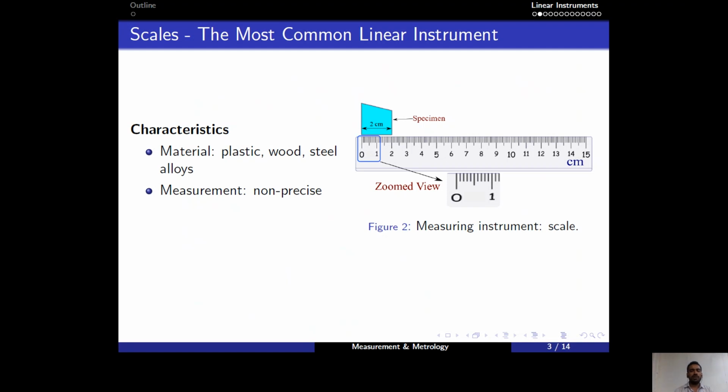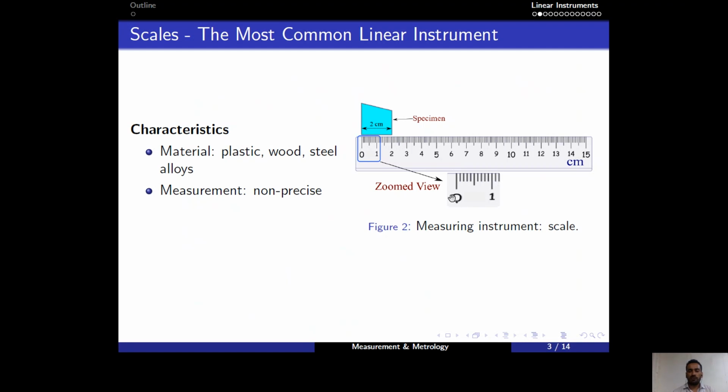So let me come to the least count of this particular instrument. What do you mean by least count first? Least count is the minimum I can measure using a particular instrument. Here my instrument is the scale. If I zoom the view in between 0 and 1 centimeter, here I am showing you using my cursor, this is the zoomed view of my scale in between 0 and 1.